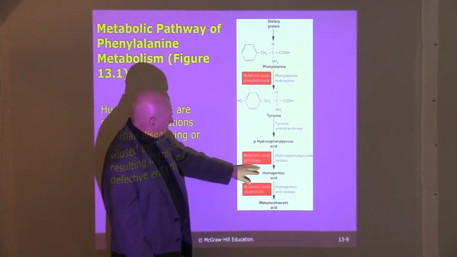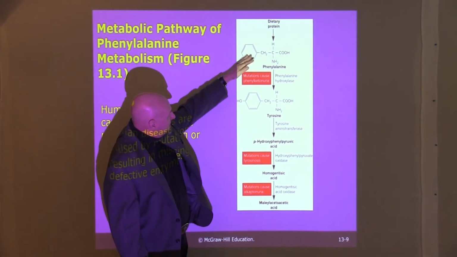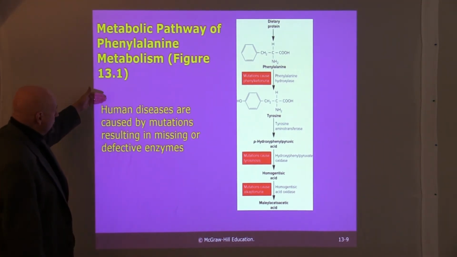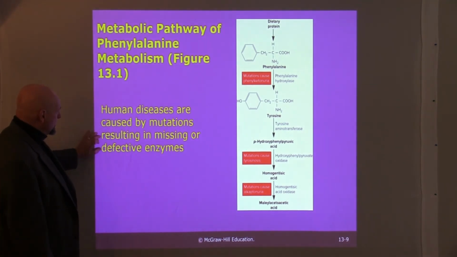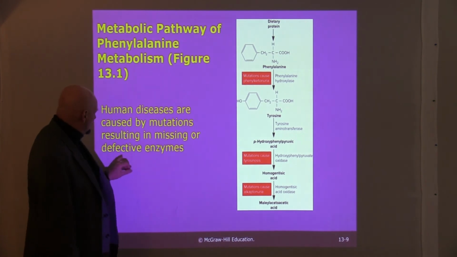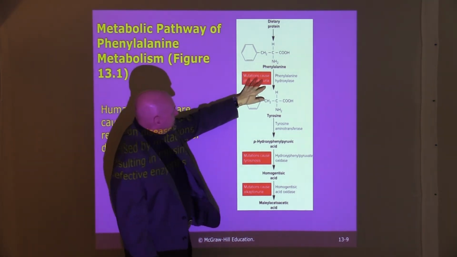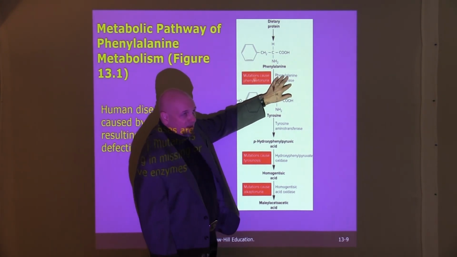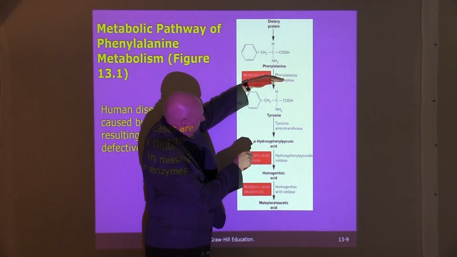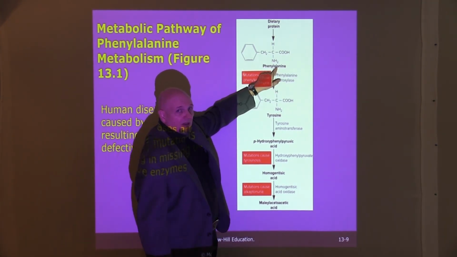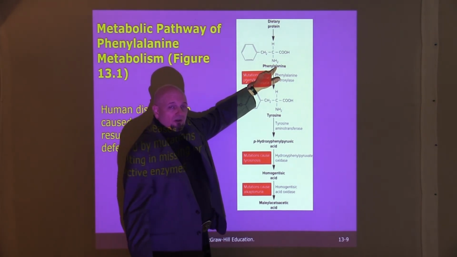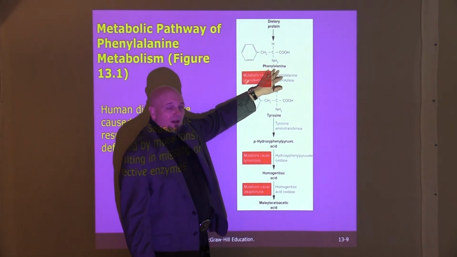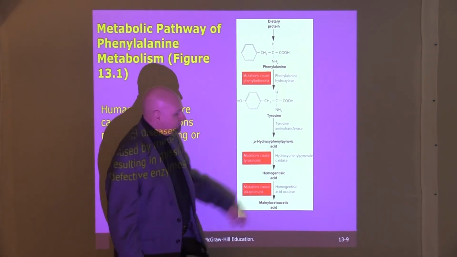And there's other ones like tyrosinase. There's a variety of different things here that come into play. So there's a lot of human diseases that are caused by mutations resulting in a missing or defective enzyme. In this case, if you have phenylketonuria, this enzyme's missing, you're not making any of this, and you're building up too much of that, which is going to be converted into something that could be disastrous for the individual. Thus, they try to regulate how much phenylalanine they get in that situation.